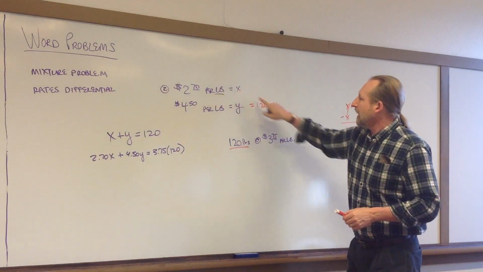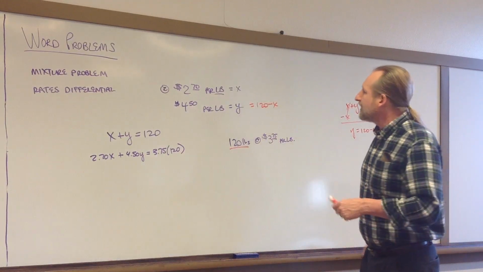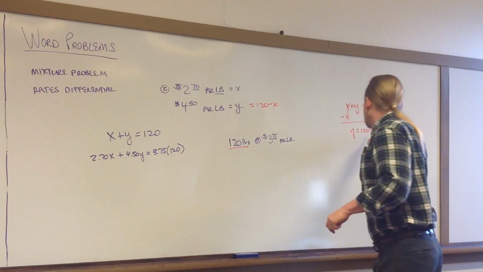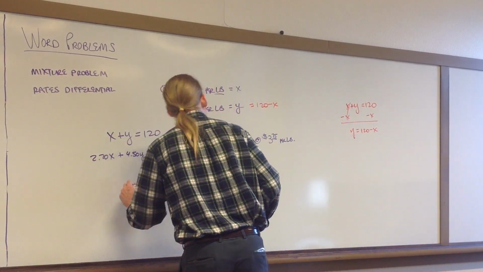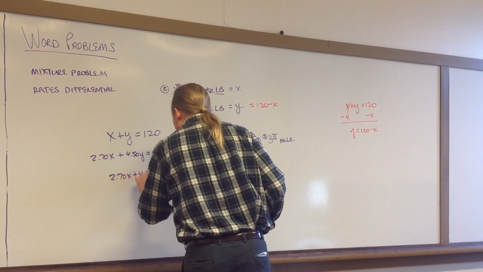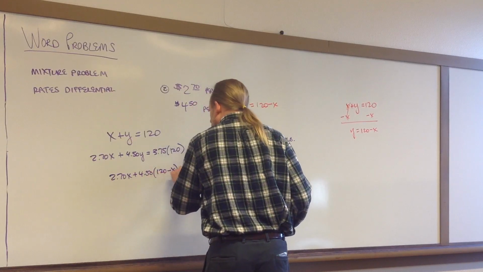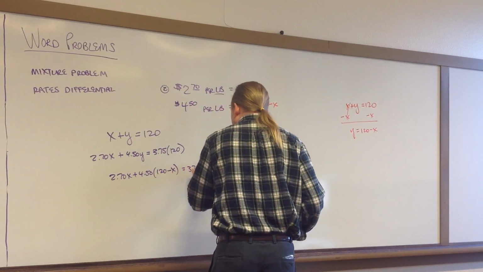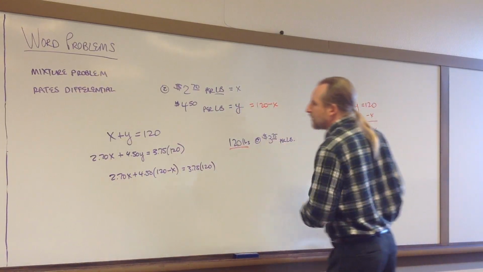If you call this one x, this one will be 120 minus x. Okay? So whether we skip past that or not, we're going to take this 120 minus x and plug that in for y. So let's see here. 2.70x plus 4.50 times 120 minus x equals 3.75 times 120. So there's our setup, okay?